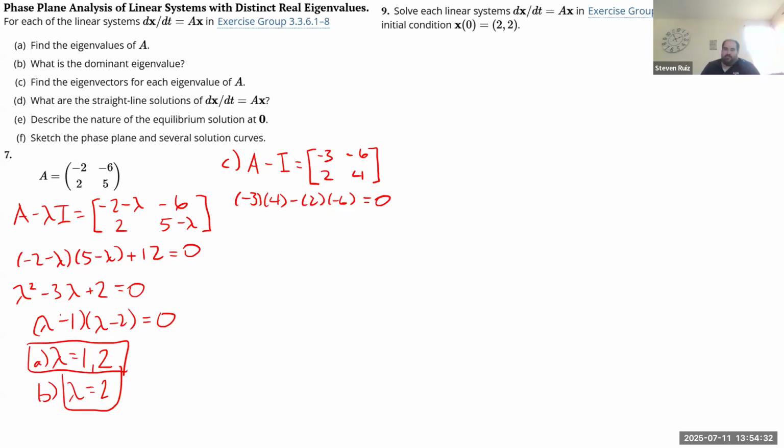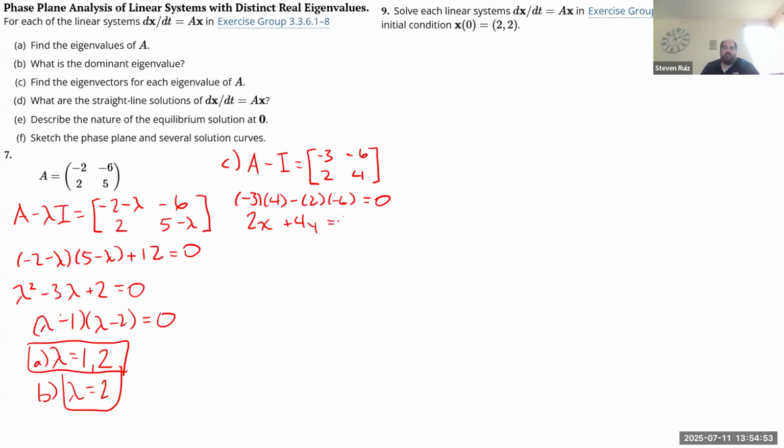That usually doesn't jump out at you. Like in this case, if I multiply row number 2 by negative 3 halves, I get the top row. Doesn't matter which row I take, so I'll take the one with the smaller numbers.